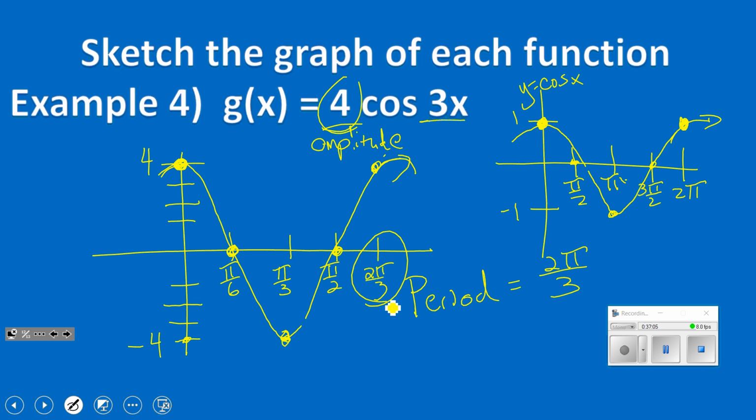You could count by halves, all the way around twice. Or you could count by pi, 2 pi, 3 pi, 4 pi. You could count that way. But however you're going to count, it's got to be the same increments. If you're going to count by 30 degrees in the beginning, you've got to count by 30 degrees the whole way through. Whatever you do.